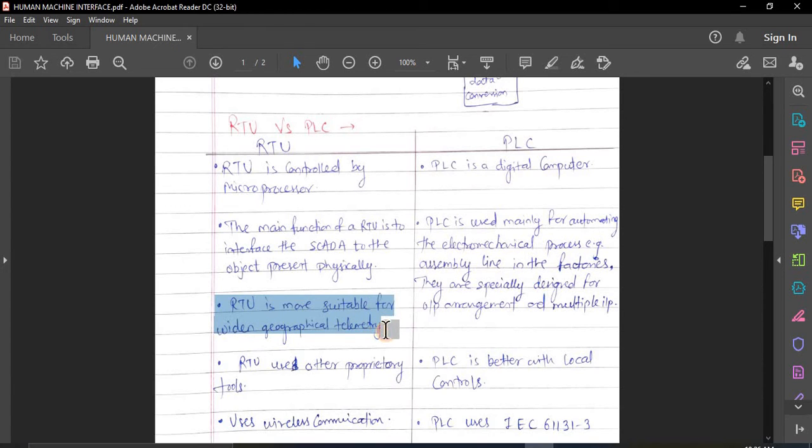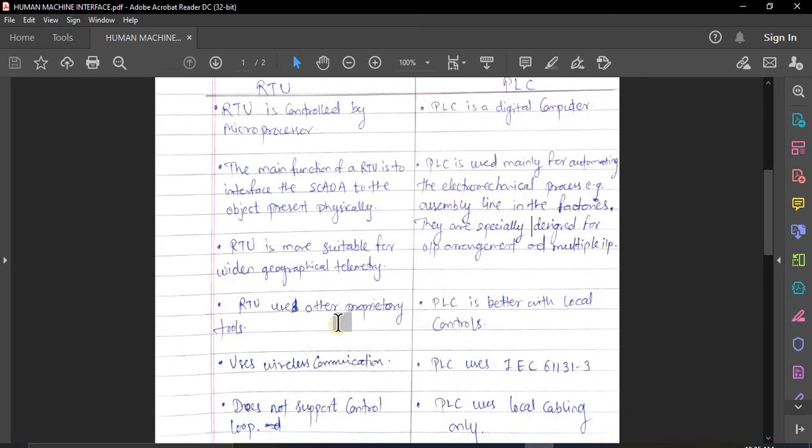It is basically a high bandwidth prototype model, unlike the PLC. PLC requires very short telemetry. It is not suitable for large telemetry. RTU uses proprietary tools, unlike PLC, which is better with local controls. Also PLC uses the standard IEC 61131-3.